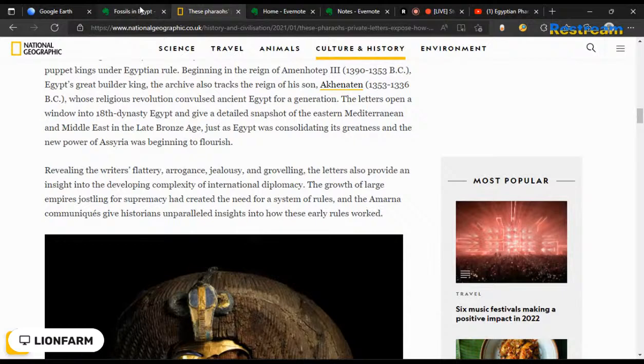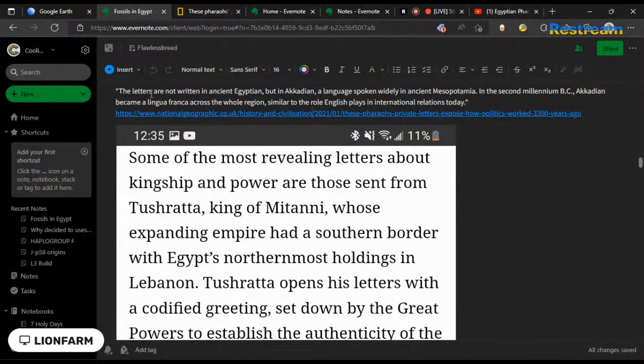For example, here's something that says the letters are not written, right? Think of the Amarna letters and certain things like that. The letters are not written in ancient Egyptian, but in Akkadian, a language spoken widely in ancient Mesopotamia. Because when you think Akkadian, don't just think, right.